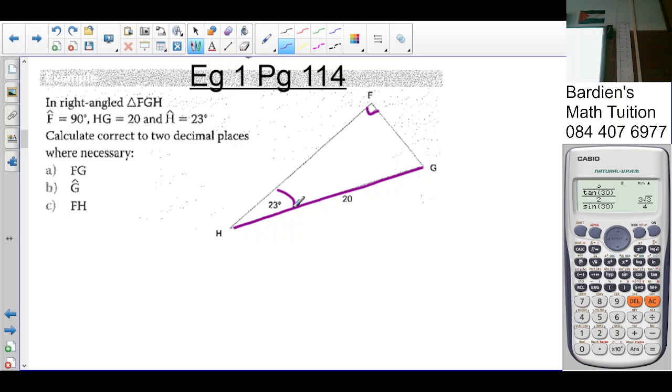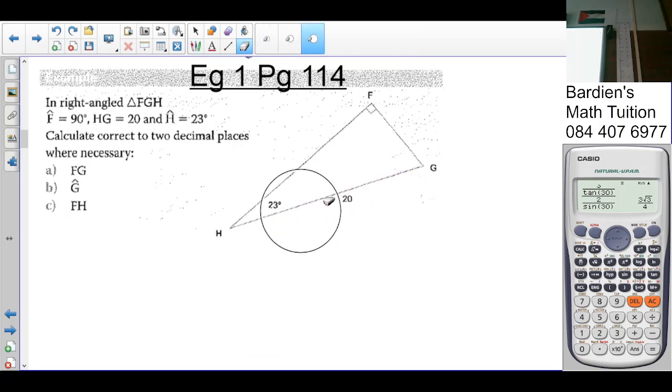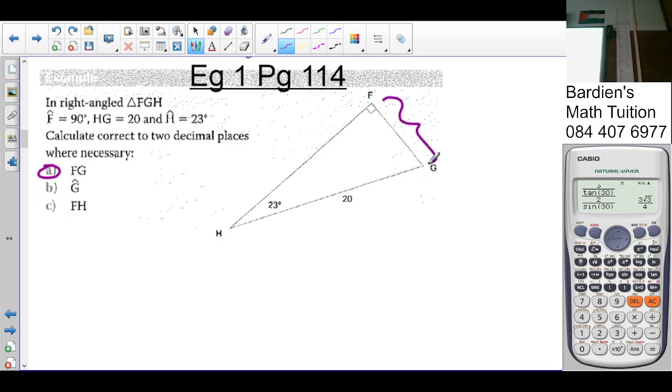The question says, calculate correct to two decimal places when necessary, in the first case, FG. So they want you to calculate this here. But that side is what relative to this angle? It's the side opposite the 23 degrees.